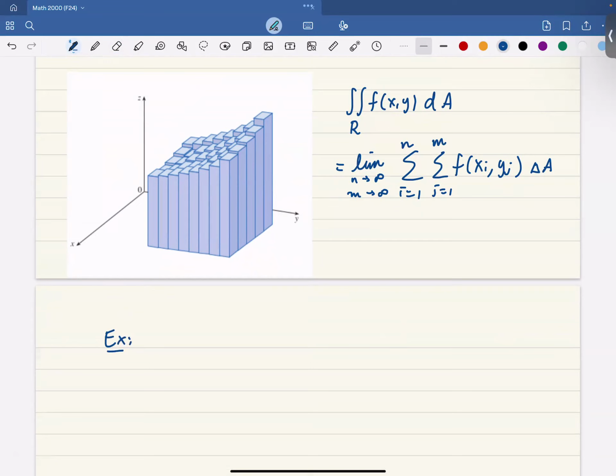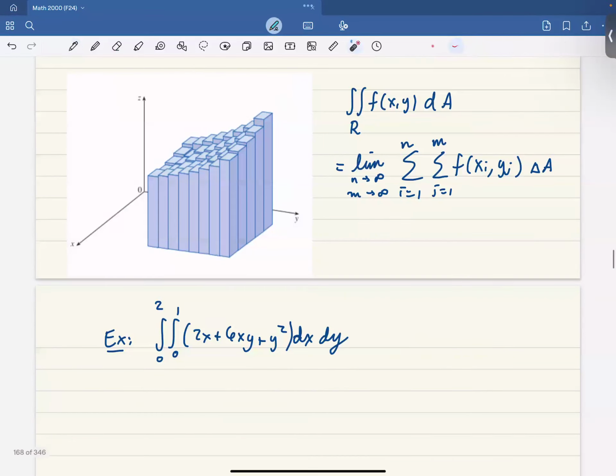So let's say I want to compute the double integral from 0 to 1 and from 0 to 2 of 2x plus 6xy plus y squared dx dy. Now, in this case, when we integrate over rectangles, it turns out not to matter whether we do x first or y first.